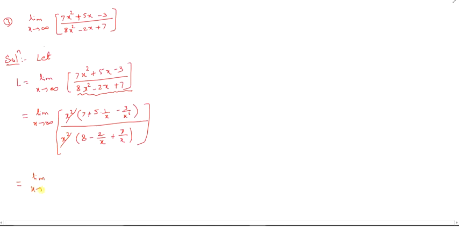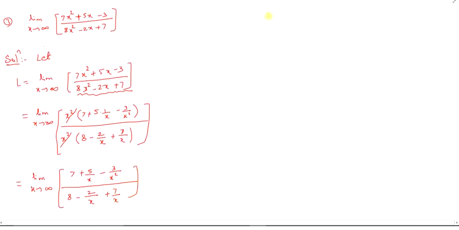Limit x tends to infinity, in the numerator 7 plus 5 by x minus 3 by x square, over 8 minus 2 by x plus 7 by x square, isn't it?